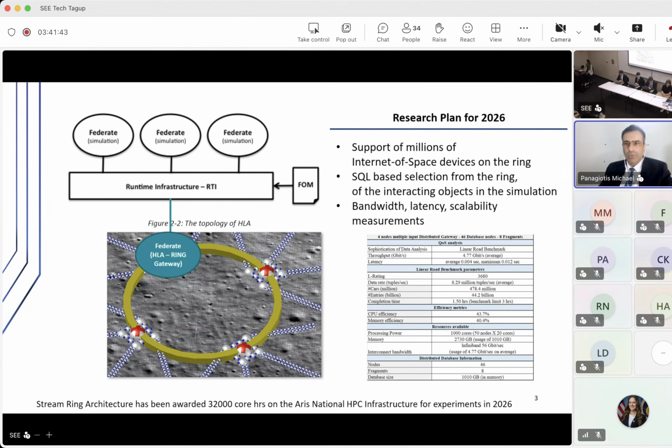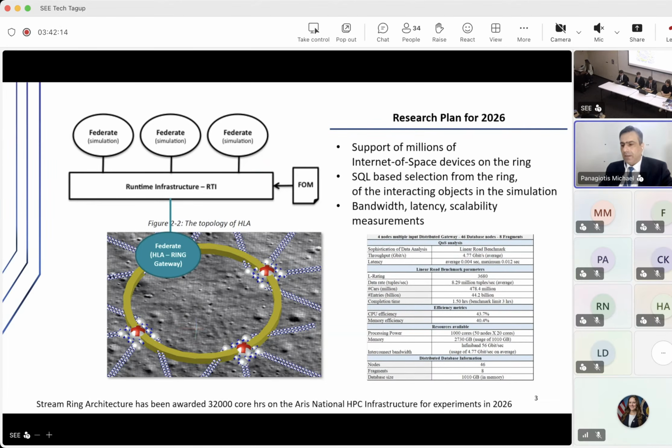We are continuing our research at the National Supercomputer Infrastructure of Greece, ARIS, where we have simulated 400 million Internet of Things devices, with response time latency on the order of milliseconds, on average 5. The data rates are approximately 8 million records per second.